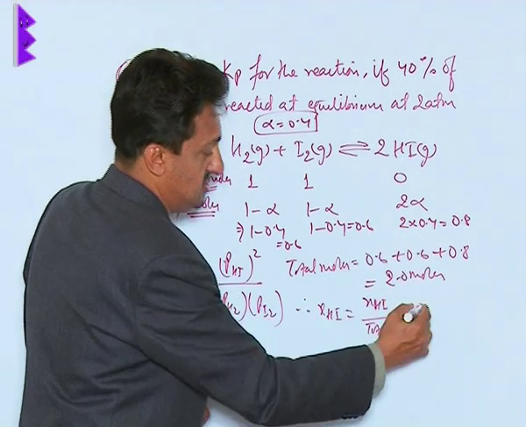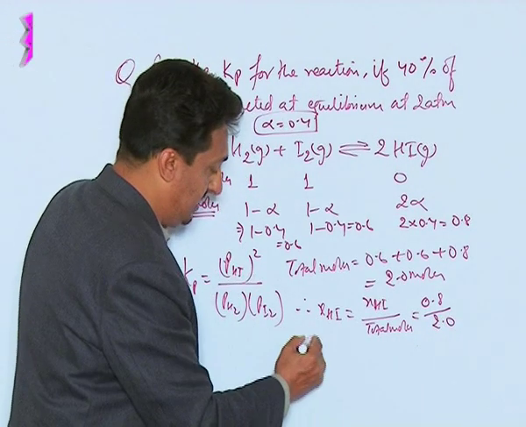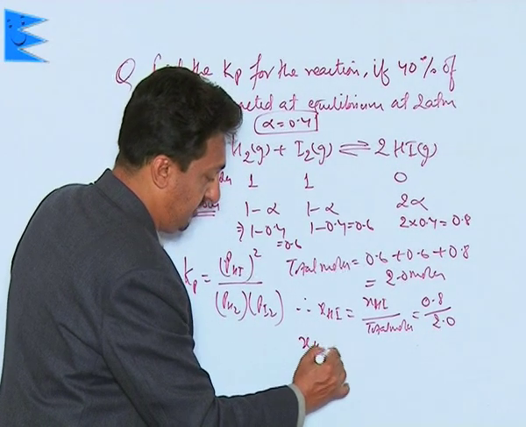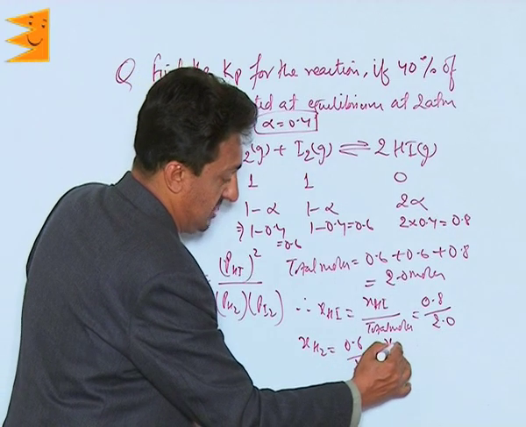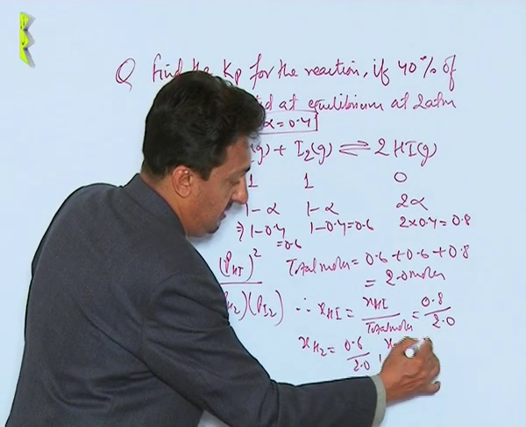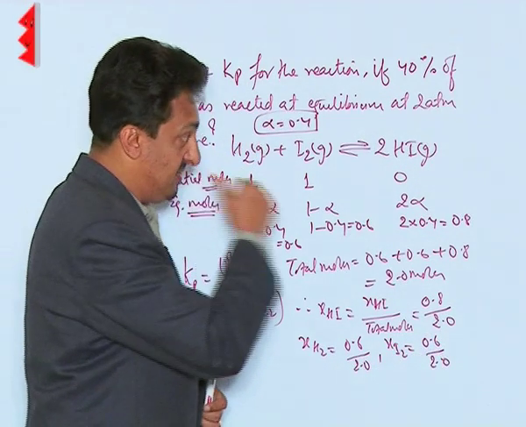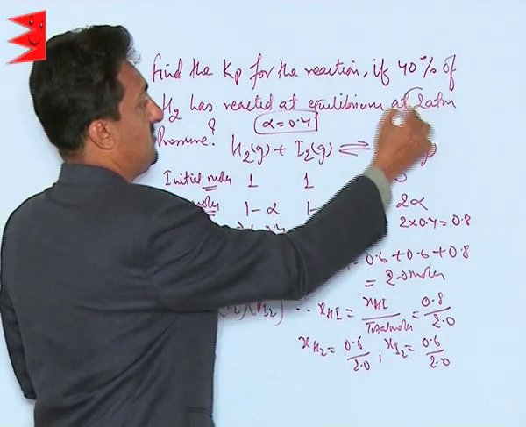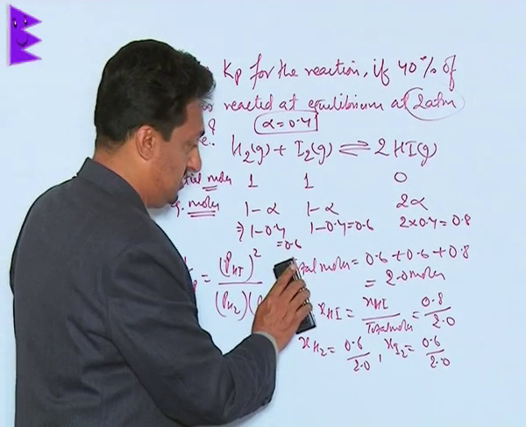How much is the number of moles of HI? It's 0.8 by 2. Similarly, the mole fraction of hydrogen will be 0.6 by 2, and the mole fraction of iodine will be 0.6 by 2. And total pressure we know is already given, which is 2 atm. So now let us put these values in this expression.